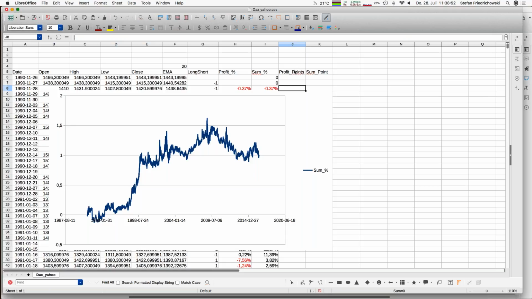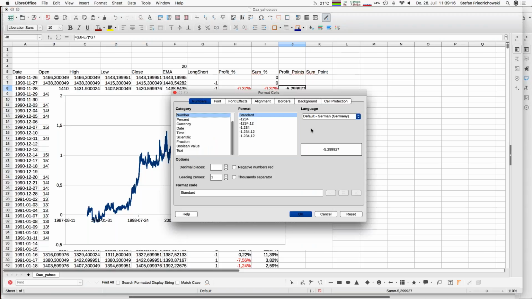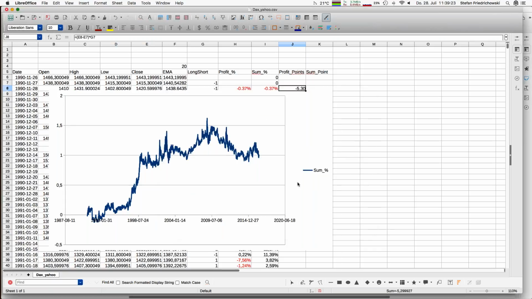The calculation is the same as before, but we only have to take the close value minus the previous close value, and that times whether we are long or short. And now we do not divide by the previous day, so we have the absolute number of that change, or the absolute gain or profit, or in this case it would be a loss.